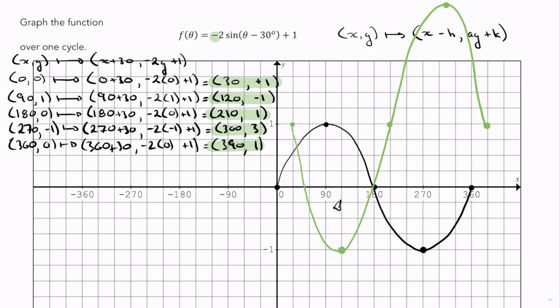What else do we have? We have a shift of 30 degrees to the right. Is that happening? And yes, we do. Remember, we're starting at 0 and we're shifting everything over, and that first block is 30 degrees. So it is moving to the right. And finally, everything is shifted up 1 unit. Is that happening?